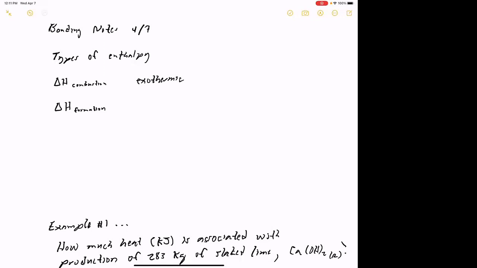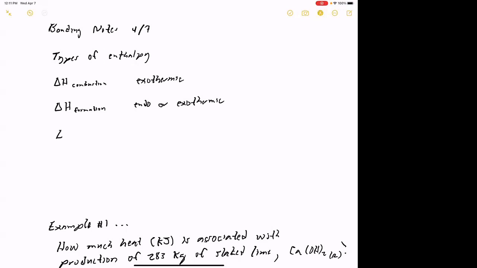So we're forming a compound from its elements. Now, this can either be an endothermic or an exothermic process, depending upon what compound we're forming. In many cases, it's going to be exothermic because it makes sense that the compound, if it's stable, should be lower energy relative to its elements. But it can go either way.